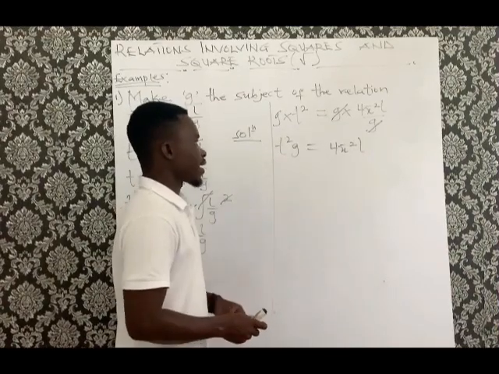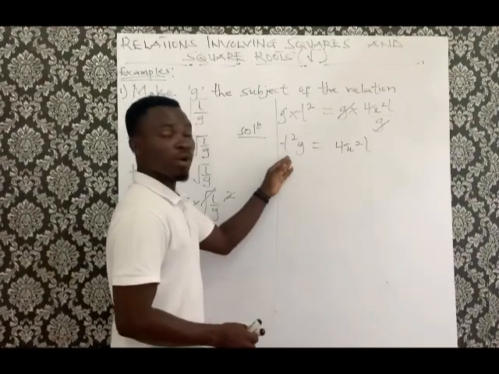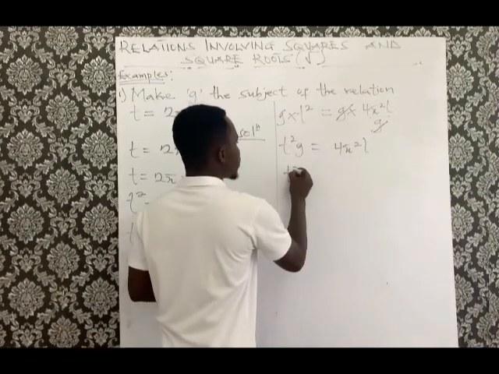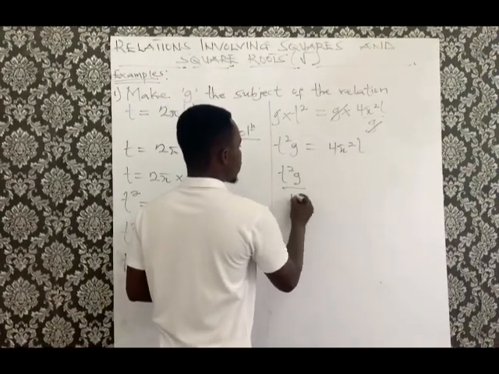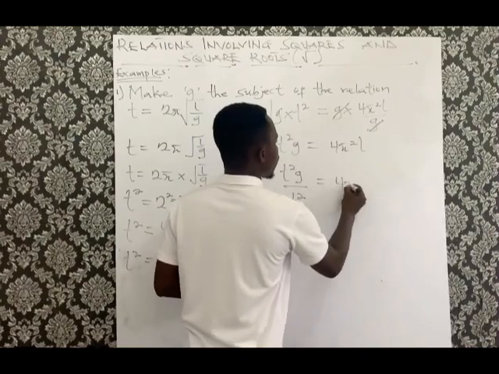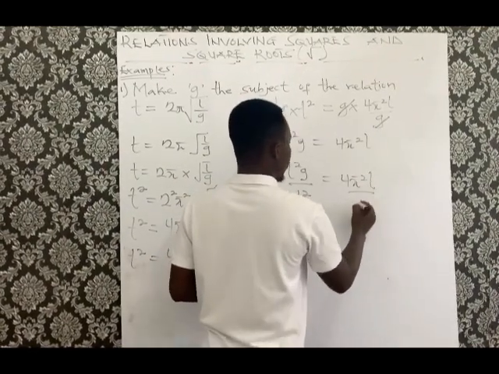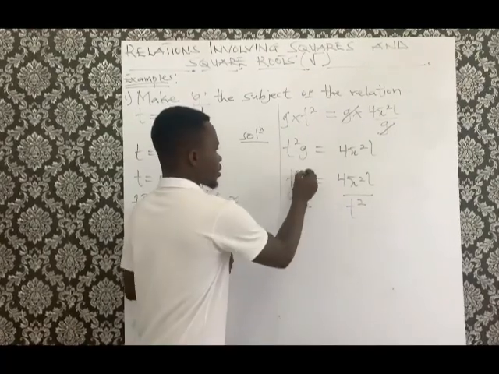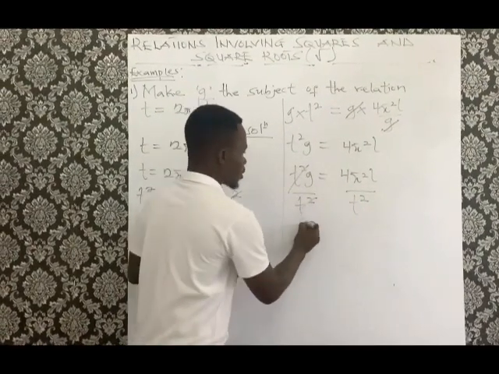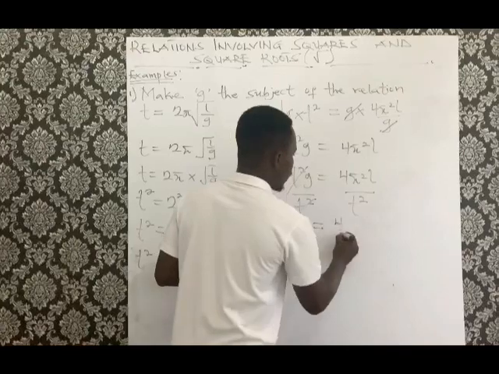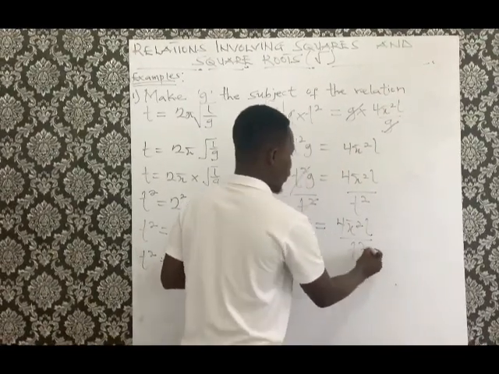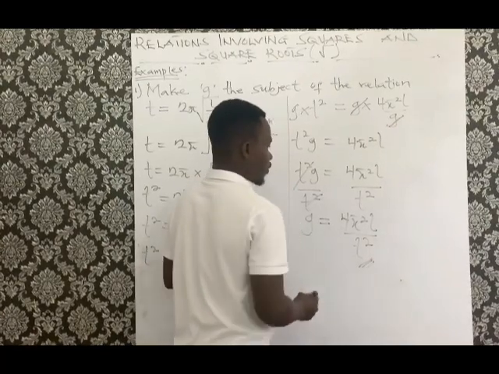So to make G the subject of the relation, we divide both sides by T squared. So we have T squared G all divided by T squared equal to 4 pi squared L all divided by T squared. So T squared and T squared cancel out. So we are left with G equal to 4 pi squared L over T squared. Therefore, this becomes our final answer.